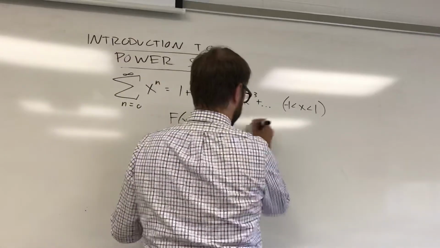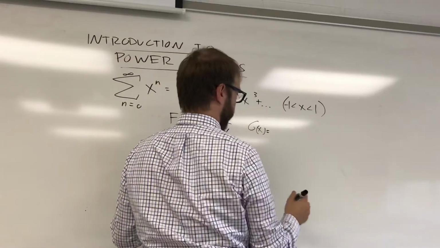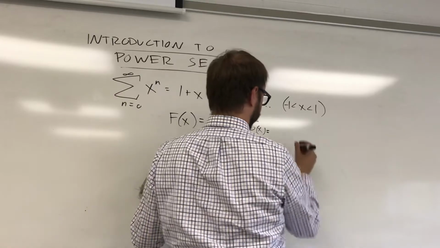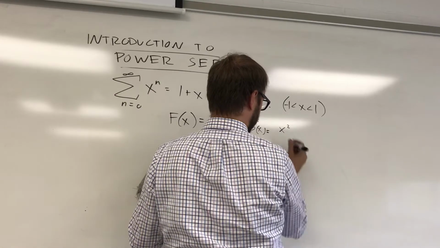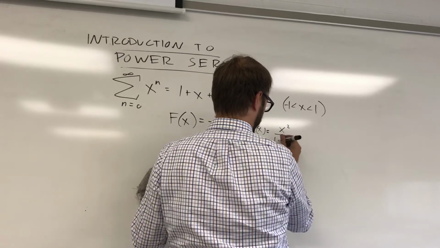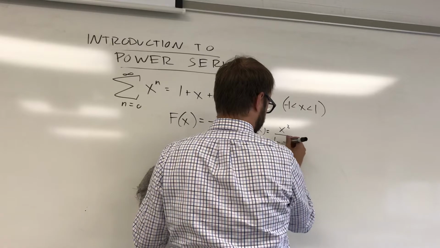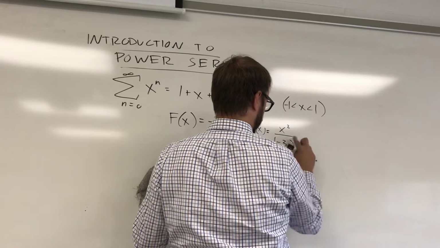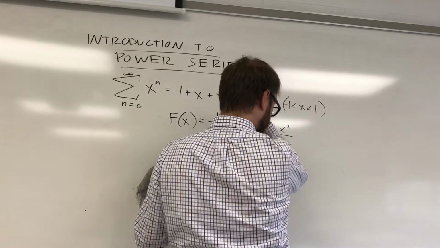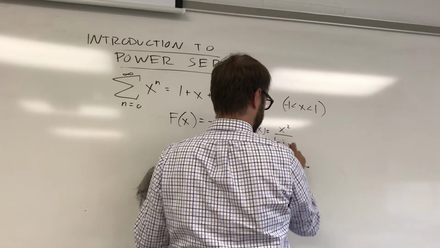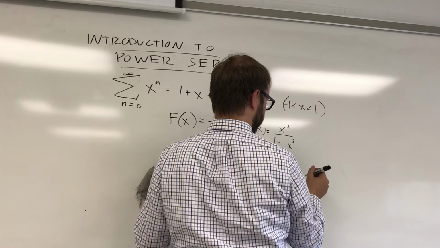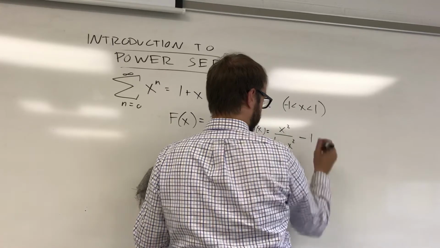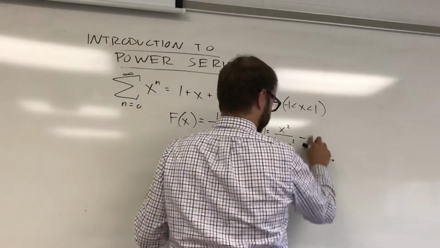Okay, let's try g of x equals x squared over 1 minus 3x squared. No, let's just do minus x squared. Let's do minus x squared.